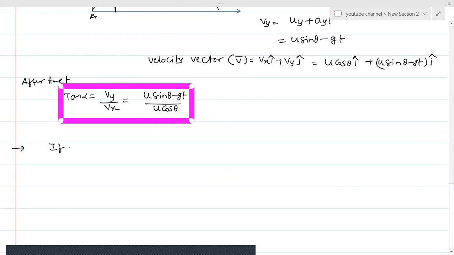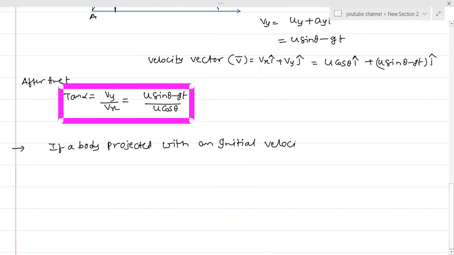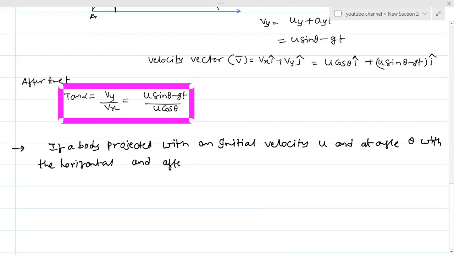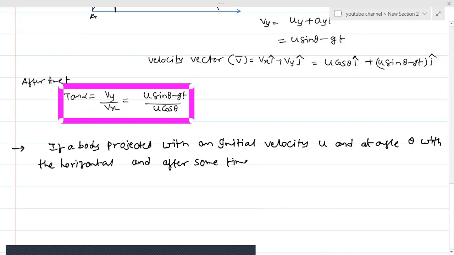Suppose it is given that in the same discussion, a body is projected with an initial velocity u and at an angle theta with the horizontal, and after some time the velocity v makes an angle alpha with the horizontal.